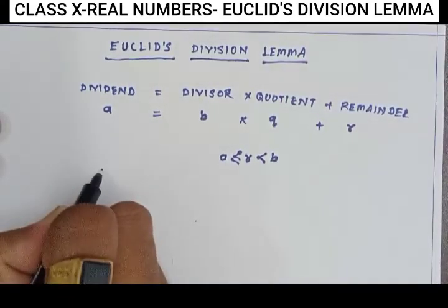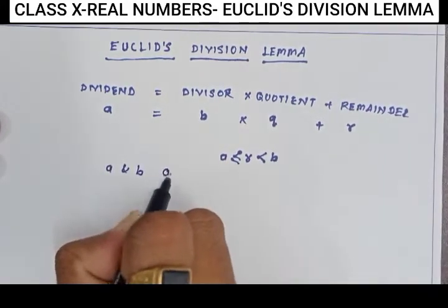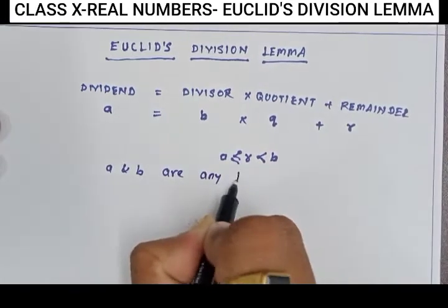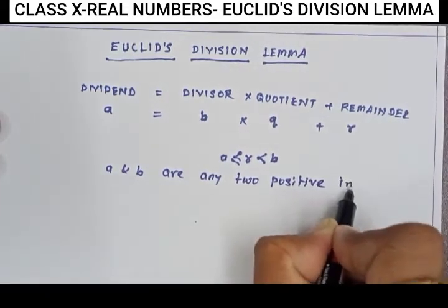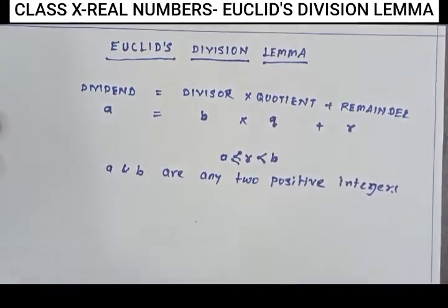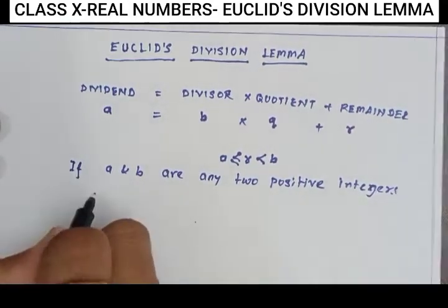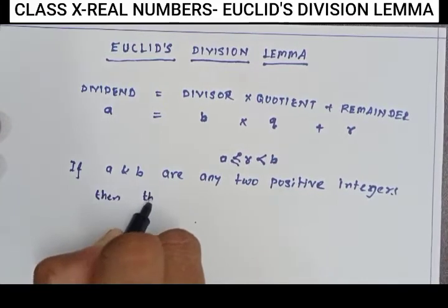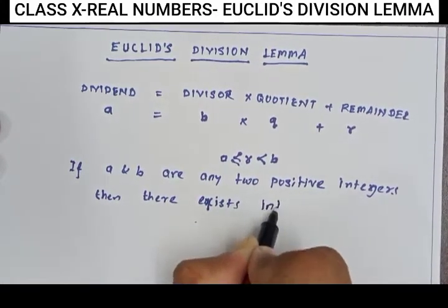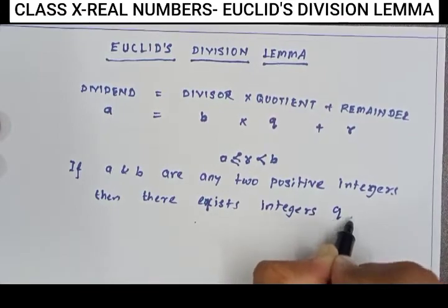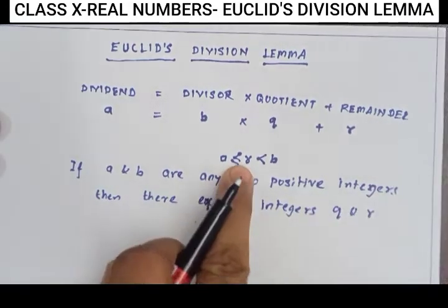So for any two positive integers a and b, if a and b are two positive integers, then there exist integers q and r such that a equals bq plus r, and r should lie between 0 and b.